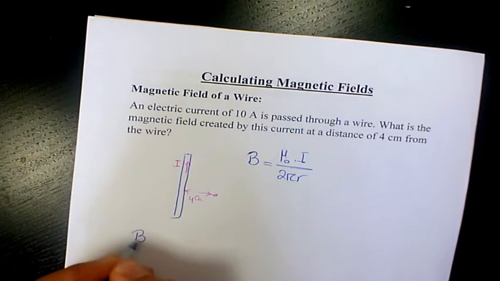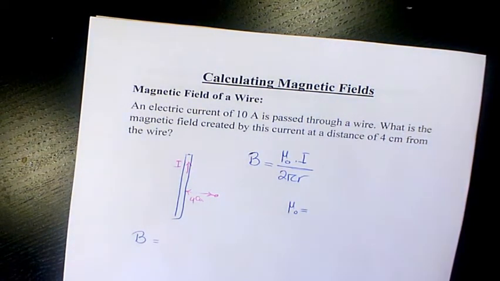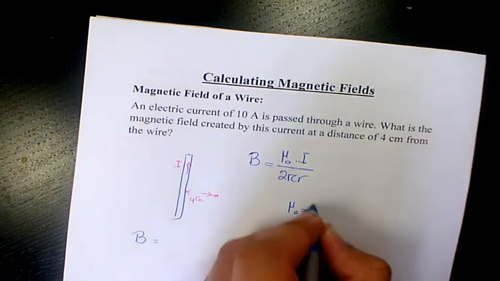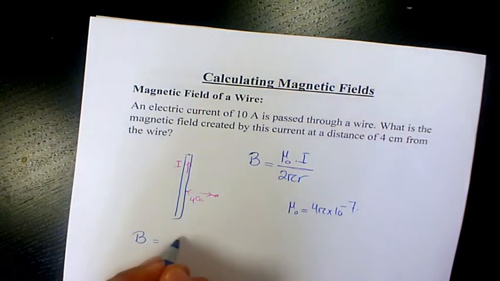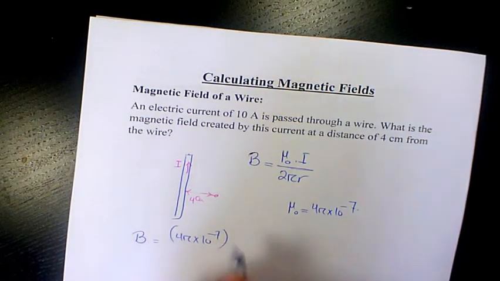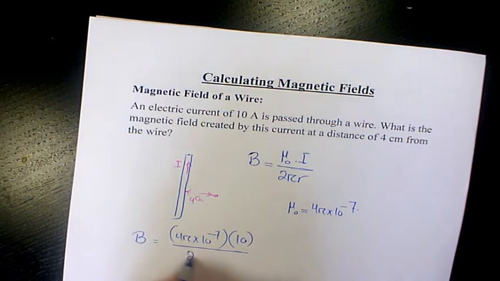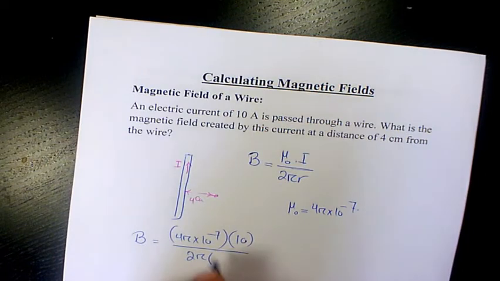where μ0 is 4π times 10 to the power of negative 7. So it's 4π times 10 to the power of negative 7 times I, which is 10, divided by 2 times π times r, which is 4 centimeters, but we need to change it to meters.